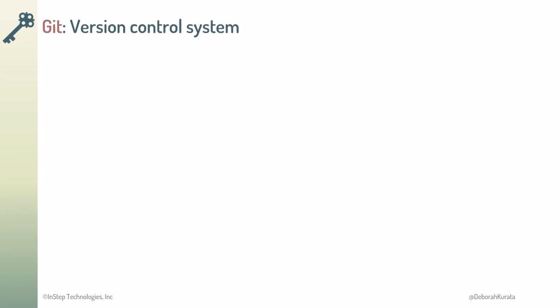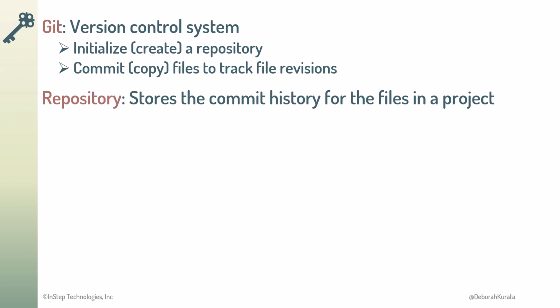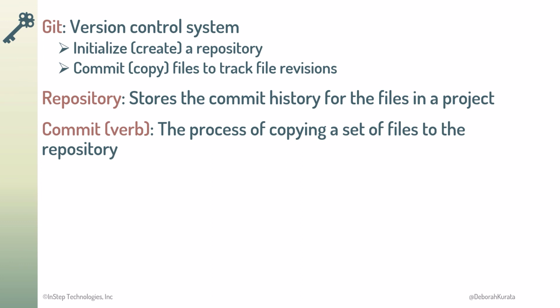So, Git is a version control system. With Git, we initialize or create a repository, then commit or copy our project files into that repository. That way Git can track file revisions. The repository stores the commit history for the files in the project. As a verb, to commit is the process of copying a set of files to the repository.